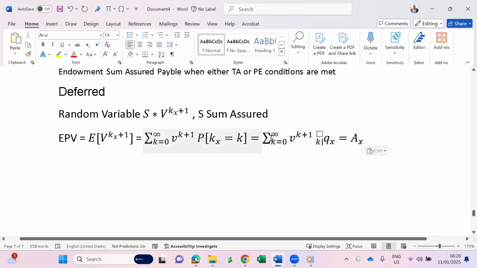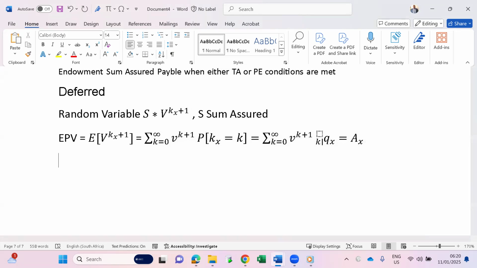That simplified, we're just removing the probability of K to K+1, _k|q_x, because if there's nothing there, it's invisible. We just define the p from the life table, and then we just call that A_x. Simple enough. We need to know that definition because in exams you can have to do it from first principles.